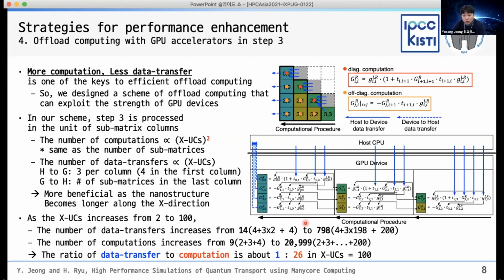Therefore, the ratio of data transfer to computation is about 1 to 26 when the XUC is 100. So our offload computing scheme can satisfy the principle of more computation and less data transfer.